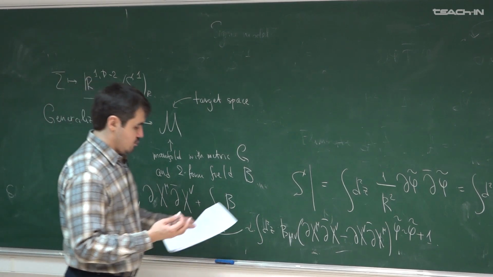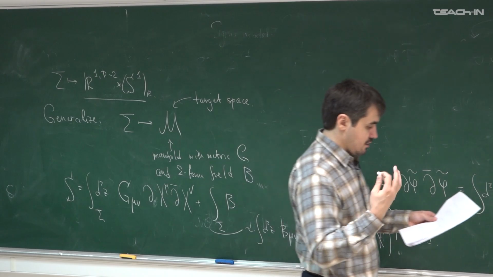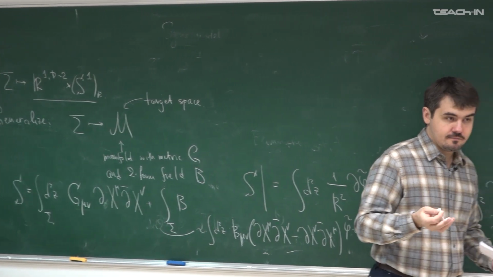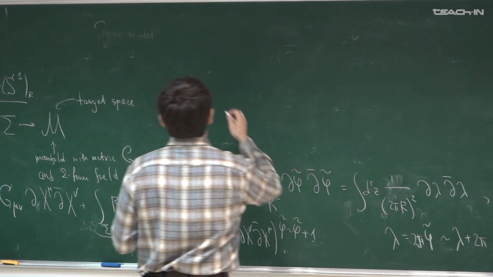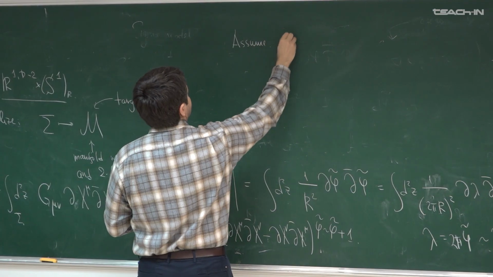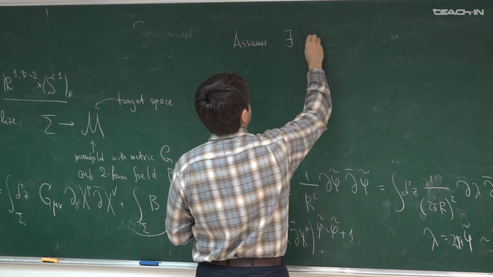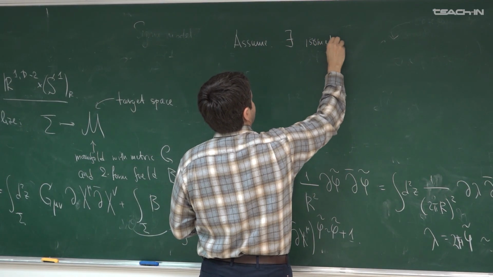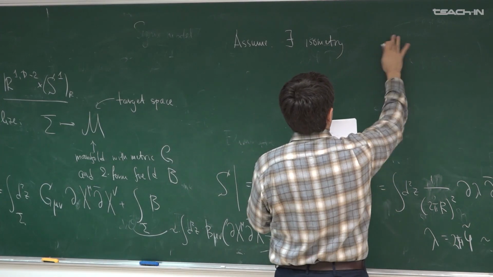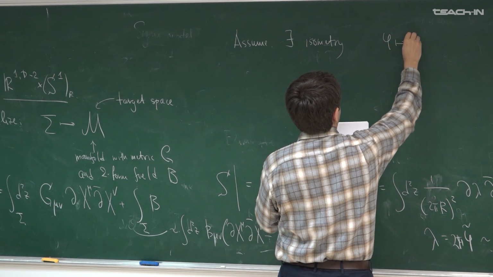And let us assume that this target space has an isometry, like an analog of our circular variable phi. So assume isometry: some angle phi that goes to phi plus alpha.